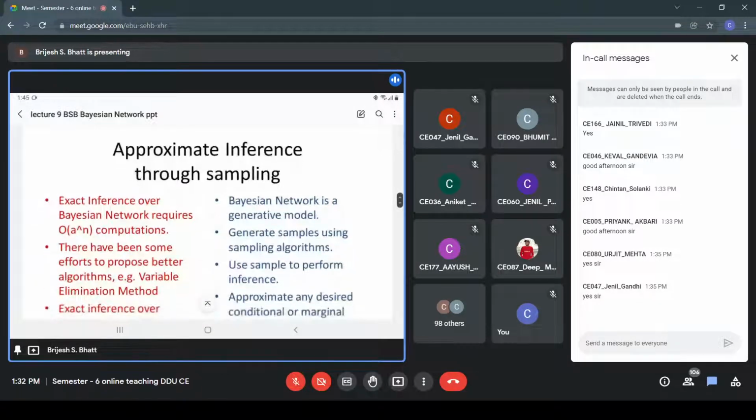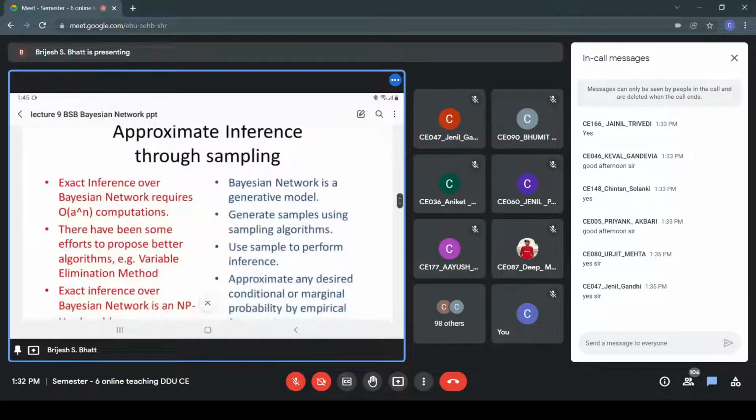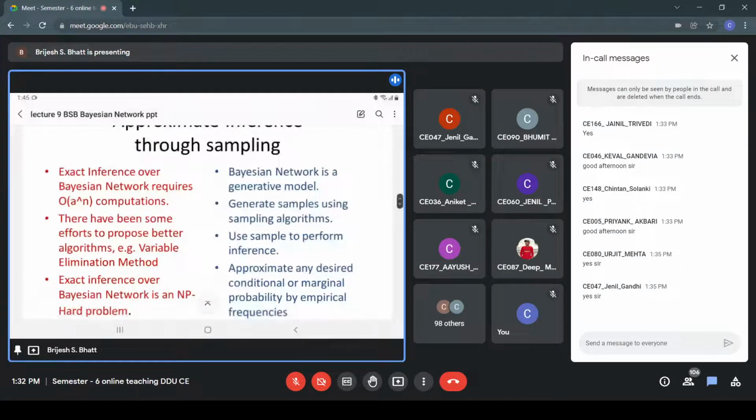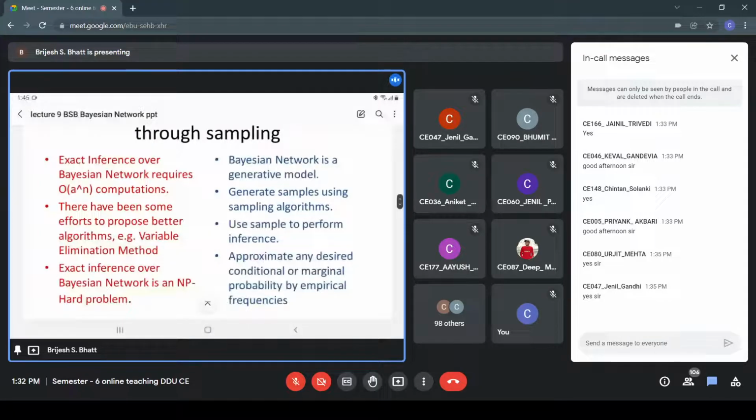So approximate inferencing, why? The justification is, as we have already discussed, exact inference over a Bayesian network requires order of a raised to n computation. There have been some efforts to propose better algorithms like variable elimination and all, but we know that it still remains an NP-hard problem.